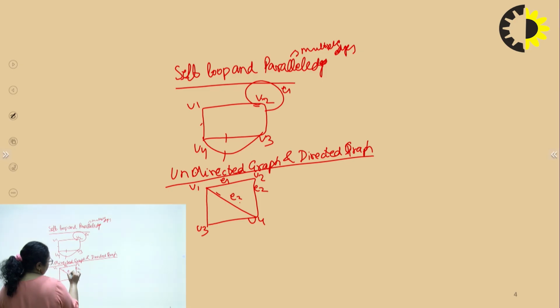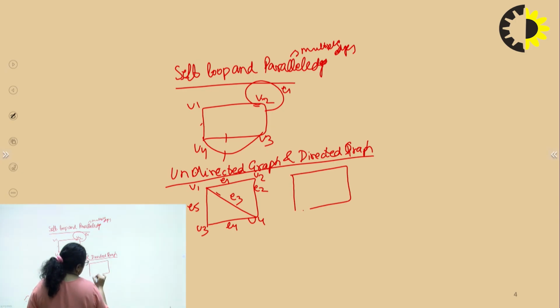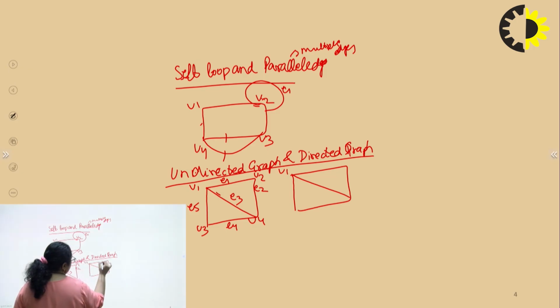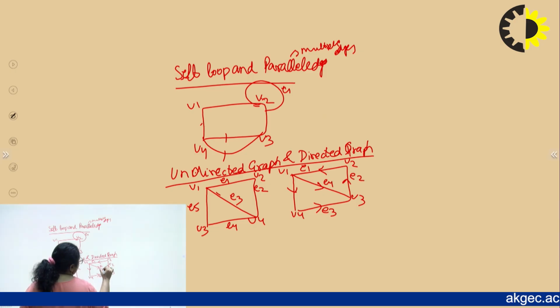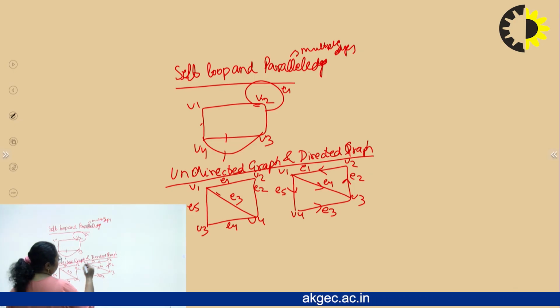Next is directed graph. A graph having direction attached to edges is called a directed graph.